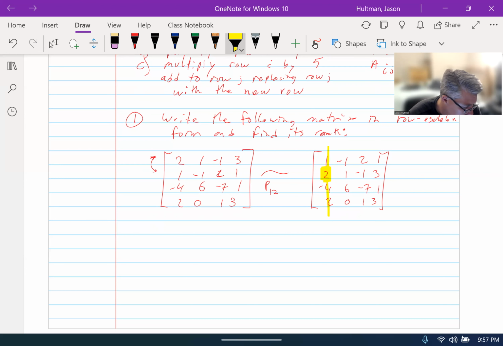That's the goal. Okay, so we're going to say that our next elementary row operation is going to be A12, and I'm going to multiply row 1 by -2. Okay, because I really want to subtract the 1 and the 2, make the 1 a 2 and subtract it.